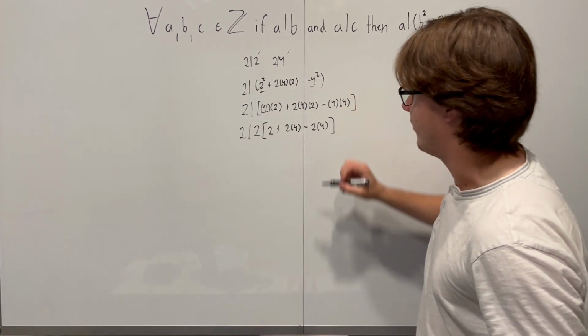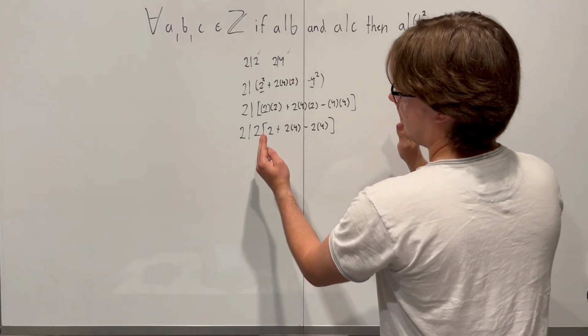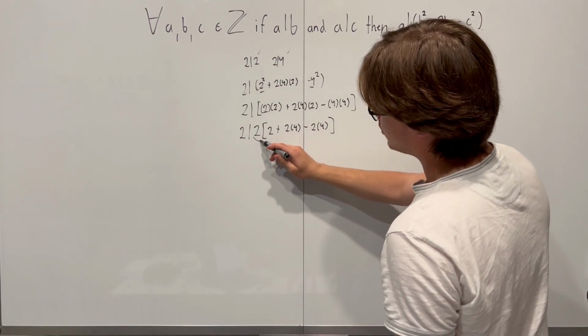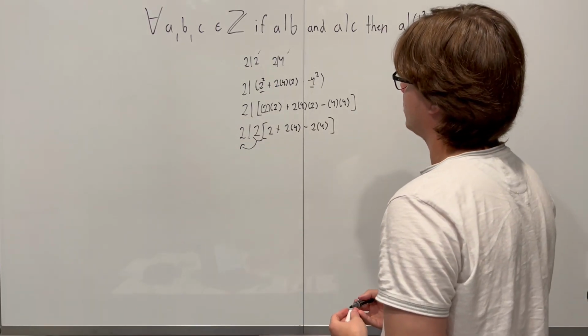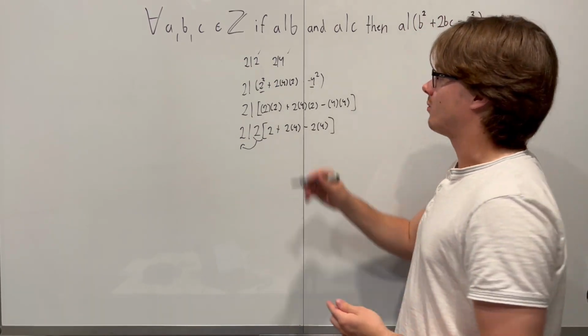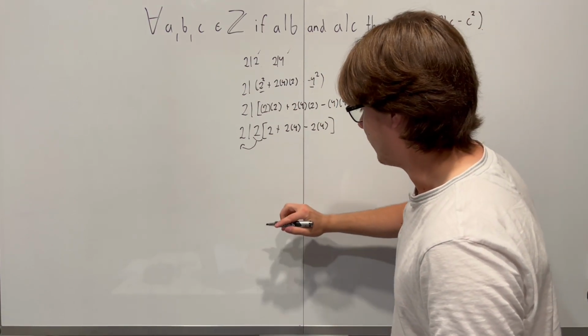Fantastic. Because we've now written the right-hand side as a multiple of what's on the left-hand side, this statement is probably going to be true. Let's just quickly compute what this would have been if we didn't go this bracket way.